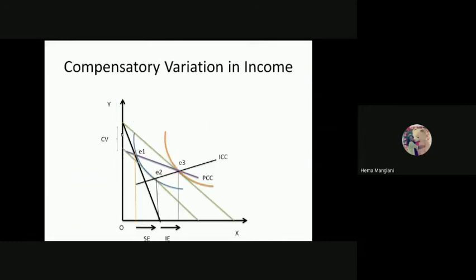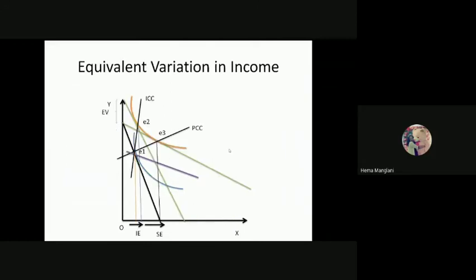In this case, the prices change first, but your utility remains constant, and after that your real income or the income effect would be visible through this ICC curve. So these things are very important. This is just a theoretical analysis to understand the compensatory variation in income and the equivalent variation in income.